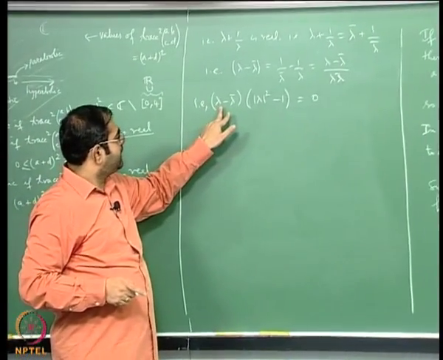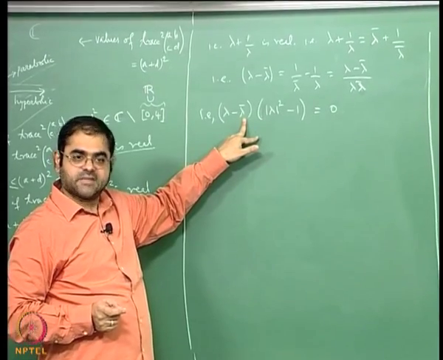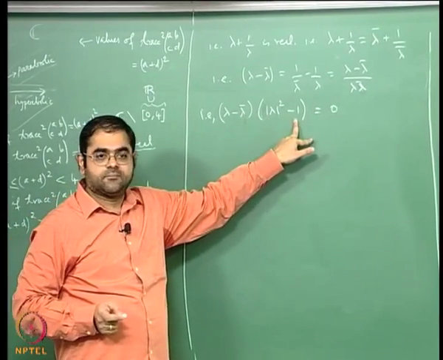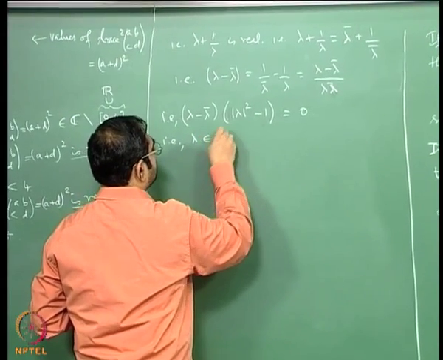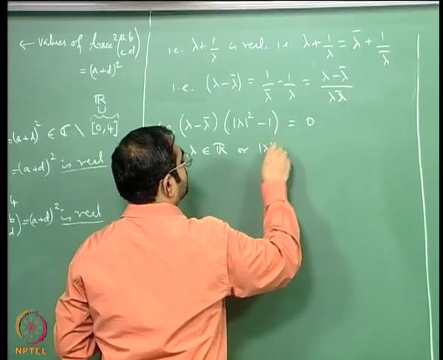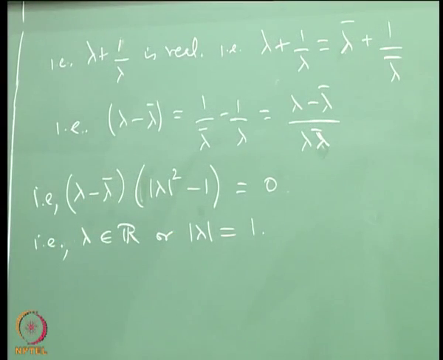Either lambda is equal to lambda bar, which means lambda is real, or mod lambda is 1. Okay, so let me write that down. So you get these two conditions on lambda. Let us investigate these conditions.